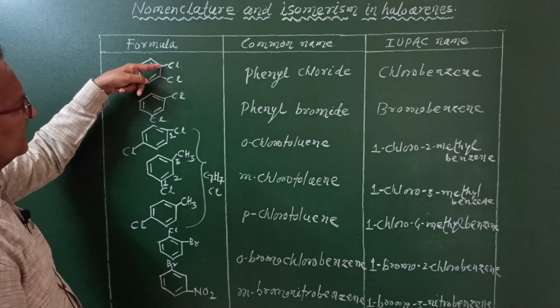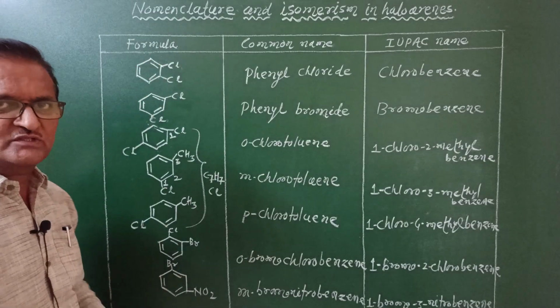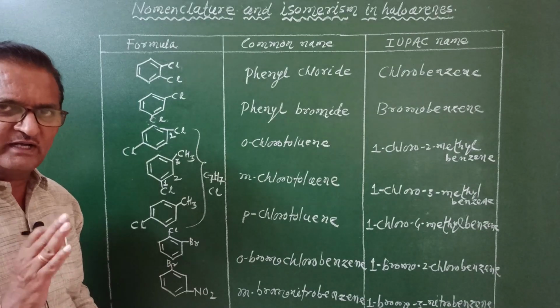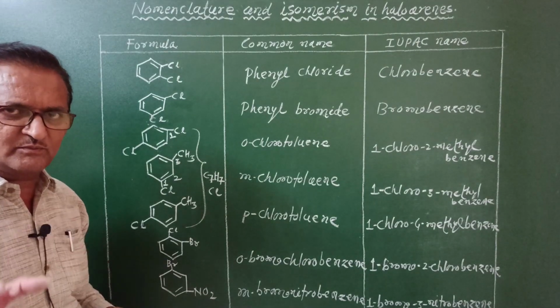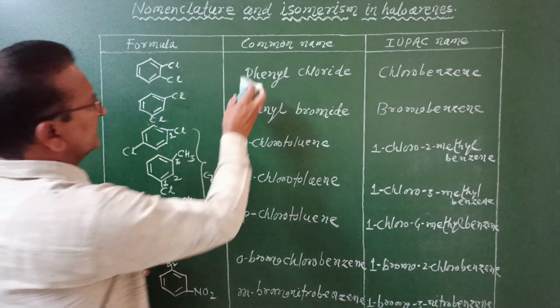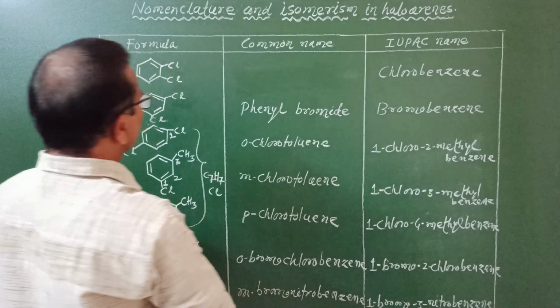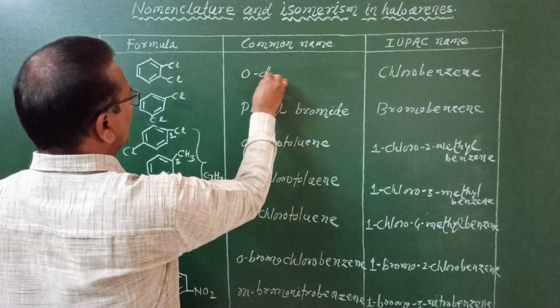These positions are 1 and 2, and whenever 2 substituents are present at adjacent positions, bonded to carbon number 1 and carbon number 2 on the benzene ring, this is denoted as ortho-dichlorobenzene.